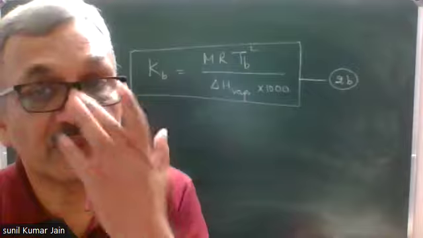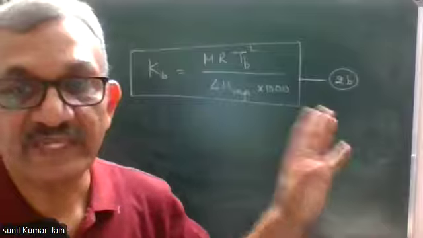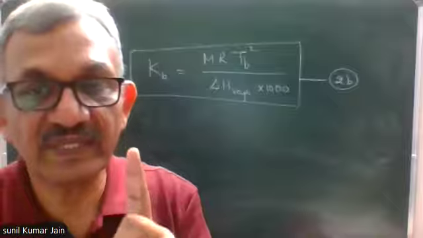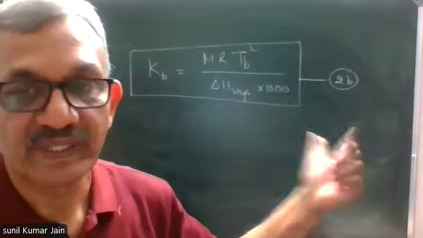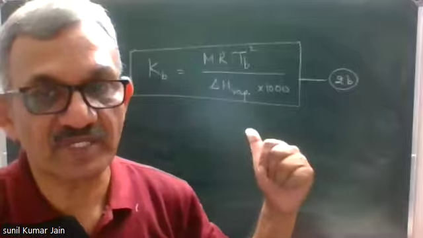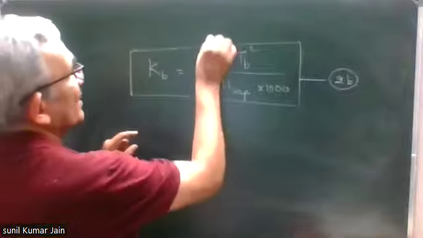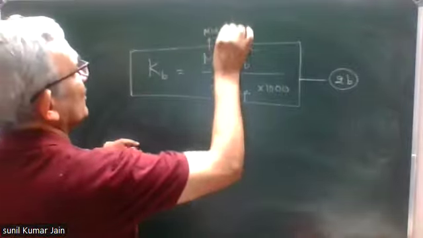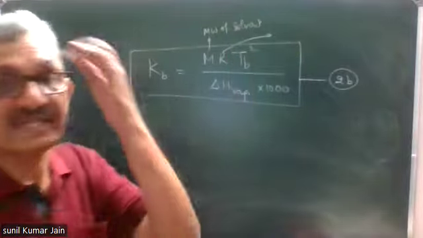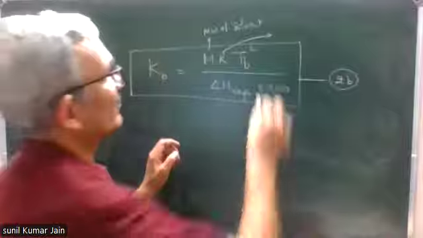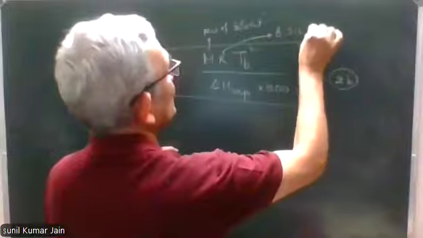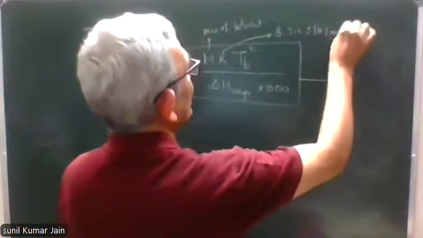But before that, let me tell you, this expression is very much in your syllabus. Question or numerical is never asked on this in CBSE exam, but in JEE Mains, question has been asked in the past. So this is molecular weight of solvent. This is gas constant, and the value of gas constant is 8.314 joules per Kelvin per mole.